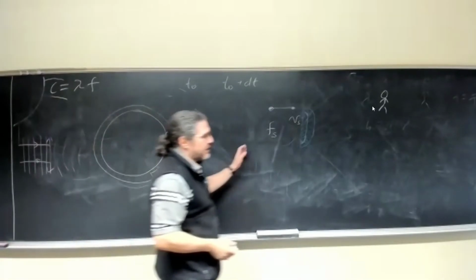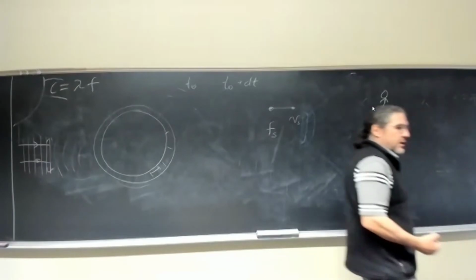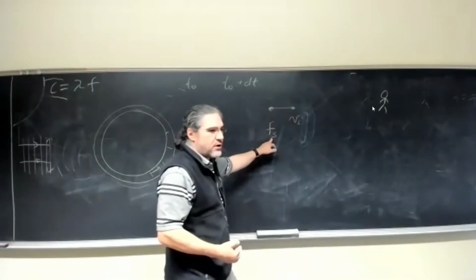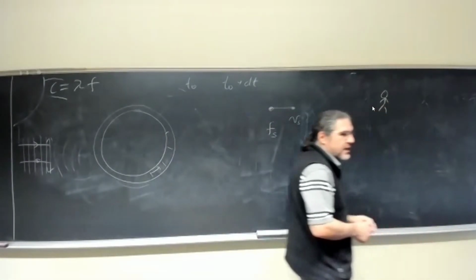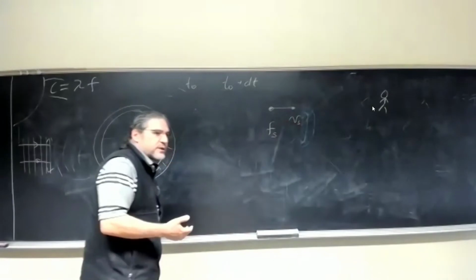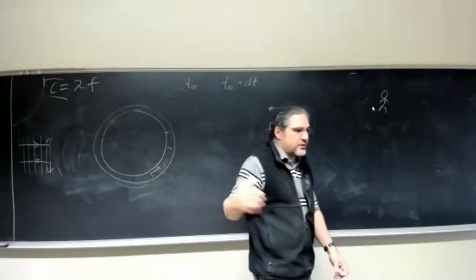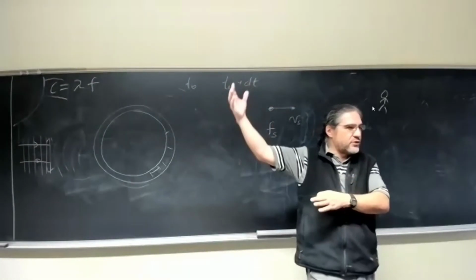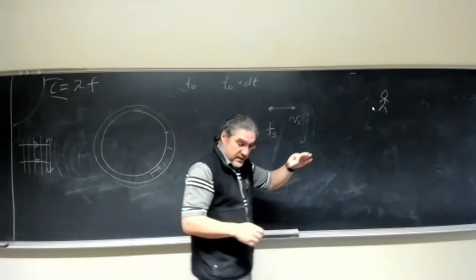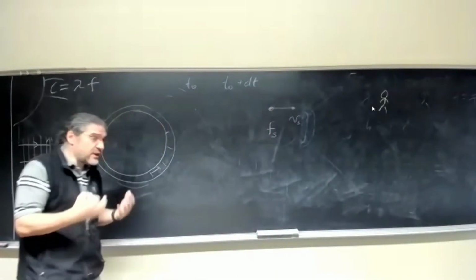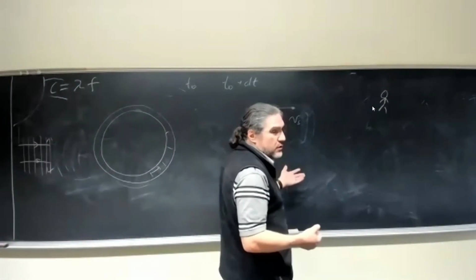And I'm sitting here, and the question is, what kind of frequency will I hear? Do I hear the same frequency or some other frequency? Of course, I hear some other frequency, and you can hear it yourself when somebody is honking in a car and the car is passing by you, right? You see that it's higher in tone, and then when it goes away, the tone becomes lower. You can actually hear that, and so this is called the Doppler effect.